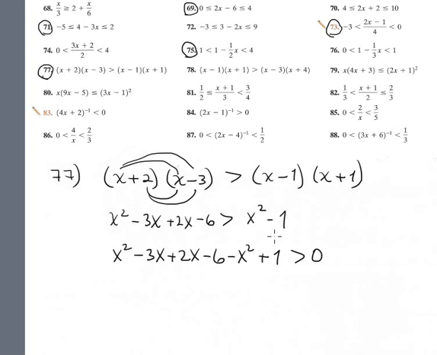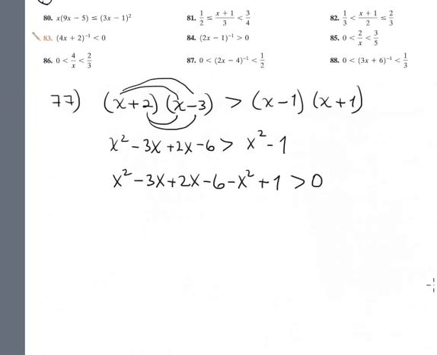And you combine like terms. When you combine like terms, the quadratic term cancels out. And we have here minus x, minus 3 plus 2 is minus x, and minus 6 plus 1 is minus 5 greater than 0. This is minus x greater than 5, divided by negative 1. x is less than negative 5.